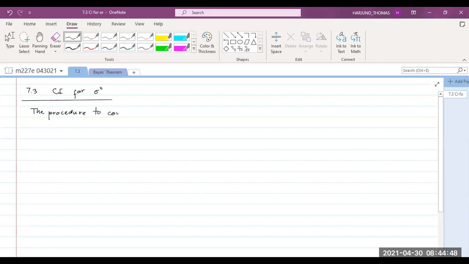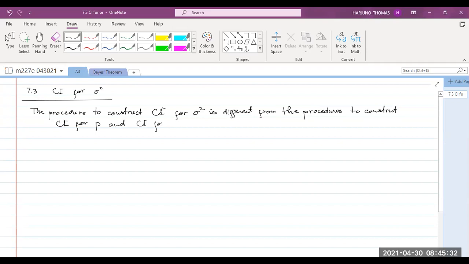To construct a confidence interval for population variance is different from the procedures to construct a confidence interval for population proportion, and also different from a confidence interval for population mean.